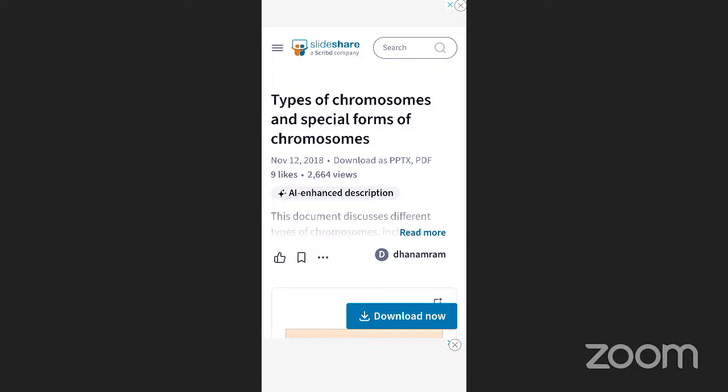The proteins present in the chromosomes can be majorly classified into histone and non-histone proteins.